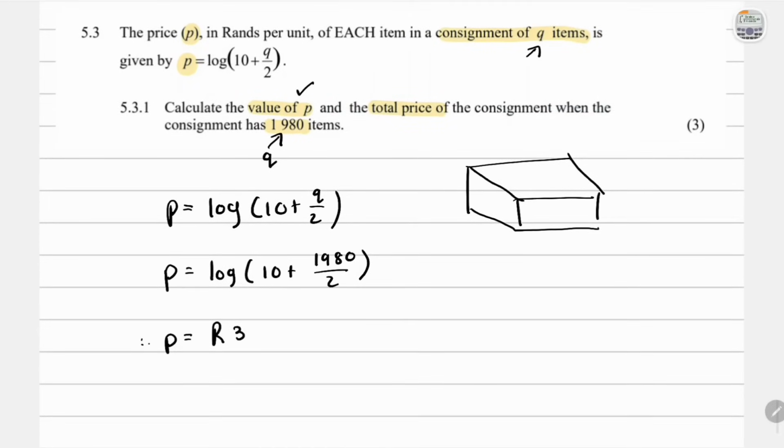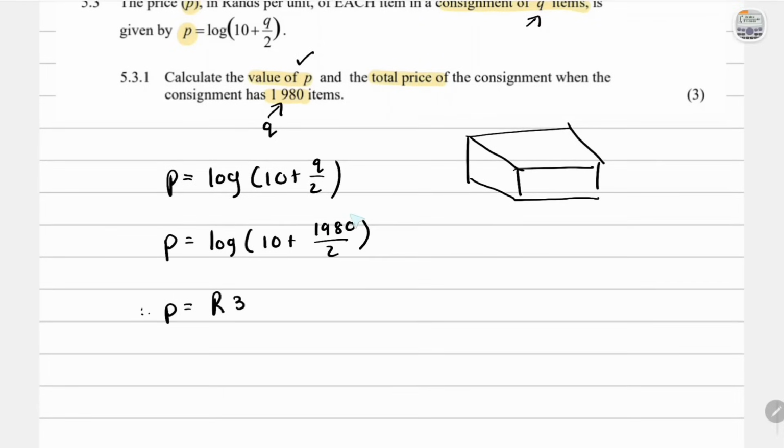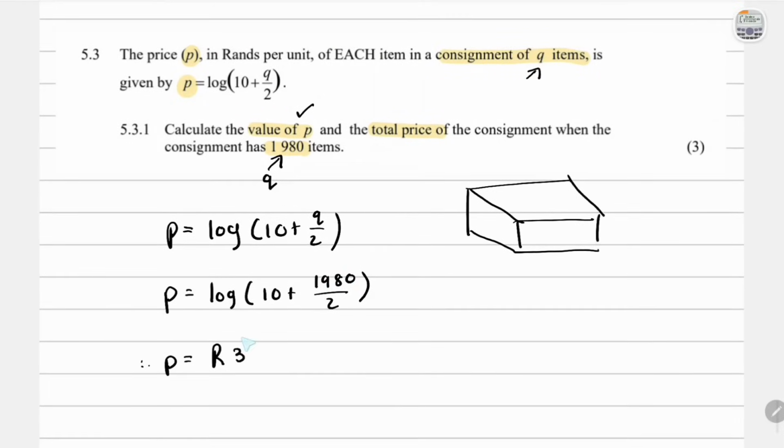And now they want us to tell them the total price. So it means that this consignment of 1,980, right, it's going to cost 3 Rand per unit. But how many units do we have? We have 1,980 units.